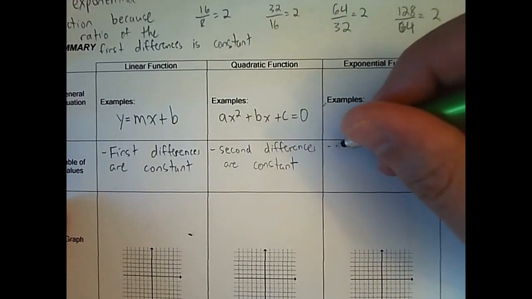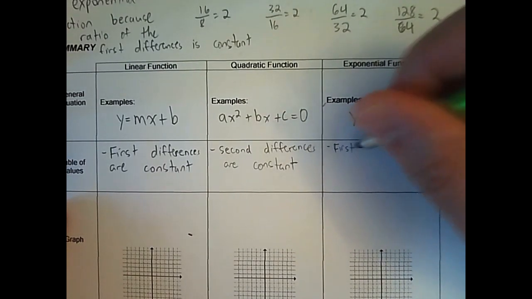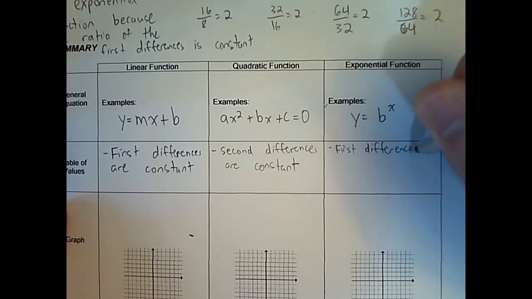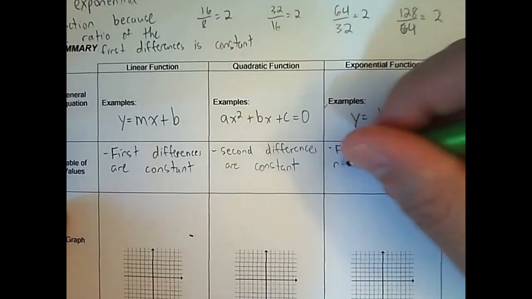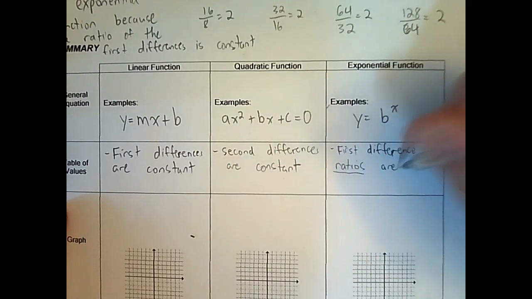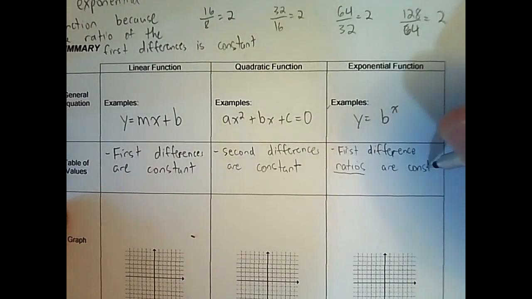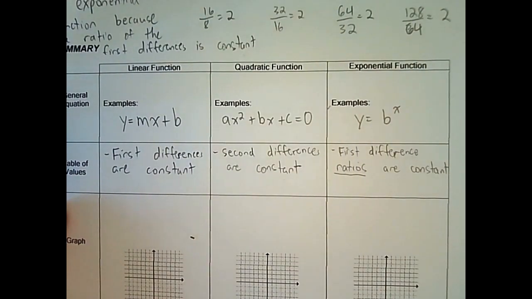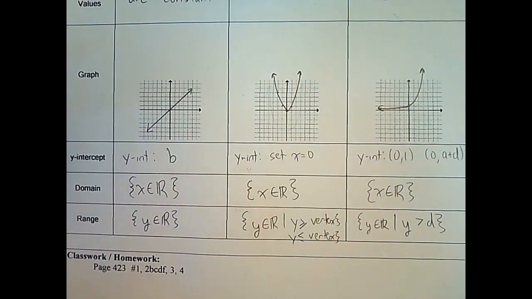And we know for exponential functions now that first difference ratios are constant. And for the last bit, I just kind of filled it in to save some time of writing.